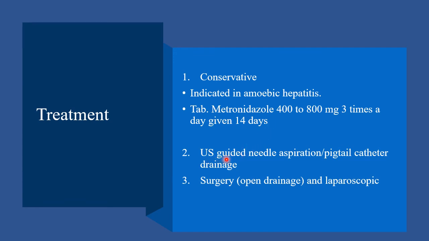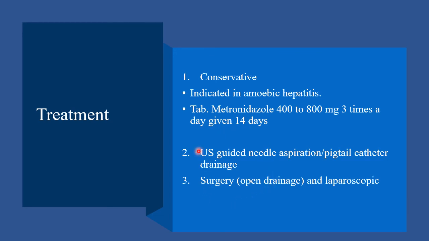Ultrasound-guided needle aspiration and insertion of a pigtail catheter for continuous drainage are introduced. In most cases, this becomes necessary in pyogenic liver abscess, as the abscesses tend to be large and unable to resolve with antibiotics and aspiration alone.